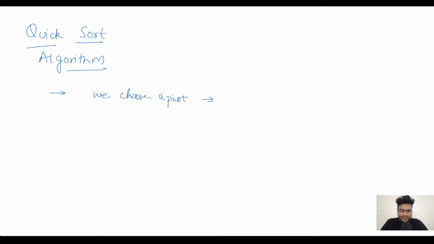And reorder all the remaining elements according to this pivot. Okay, so that's basically the gist of this algorithm, wherein we choose a pivot and reorder the remaining elements according to this pivot in every iteration, and that is how we define the subproblem as well.